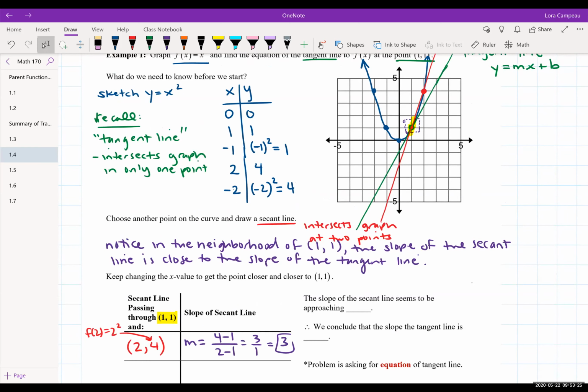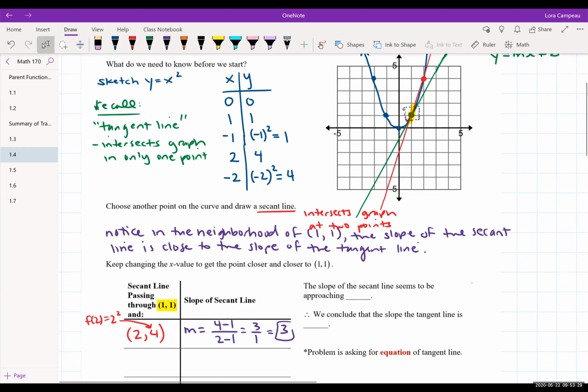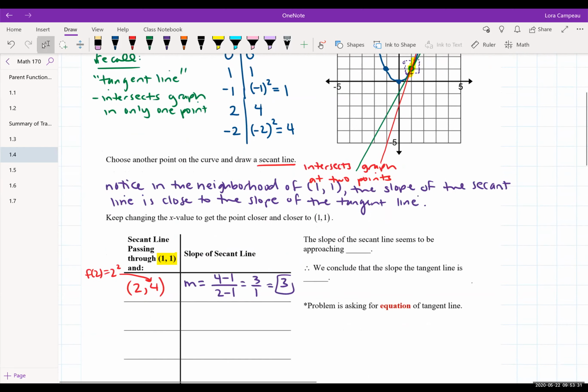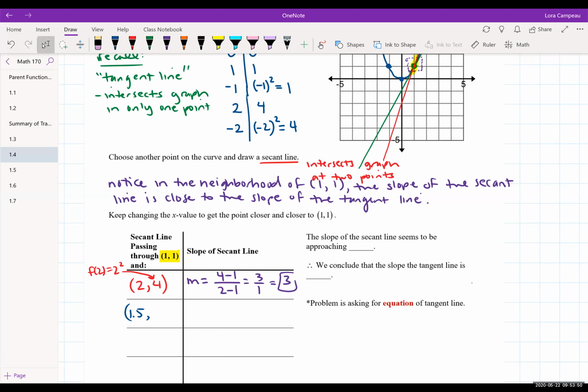Remember, if we're trying to get a value that's close to 1, 1, maybe I'll pick 1.5. That's pretty close to the number 1. But in order for me to understand what the corresponding y value is, I would have to plug that into the function.